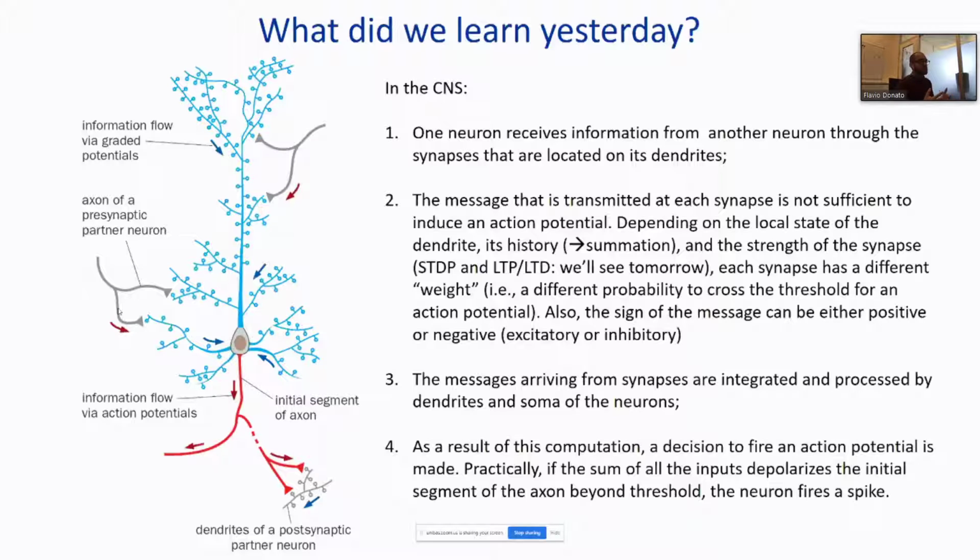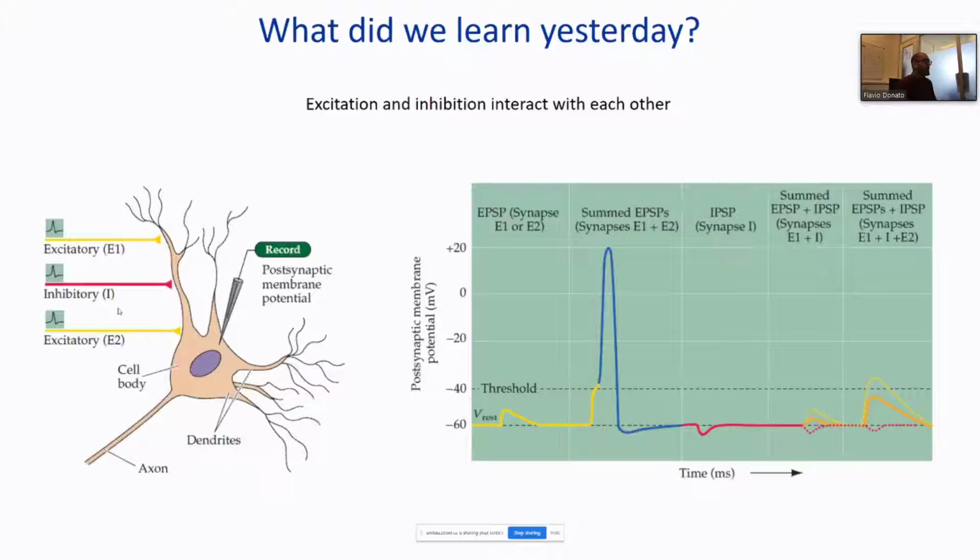Also, the message that the signal can transmit can be either positive or negative, can be excitatory or inhibitory. The messages from the synapses are then integrated, processed, and if they cross the threshold for firing an action potential at the soma axon segment, then the message is transmitted. Excitation and inhibition interact with each other. You have spatial summation, you have temporal summation, and you might have cancellation of signal given by a coincident excitatory input that arrives with an inhibitory input.